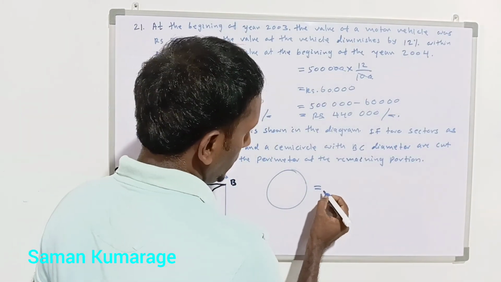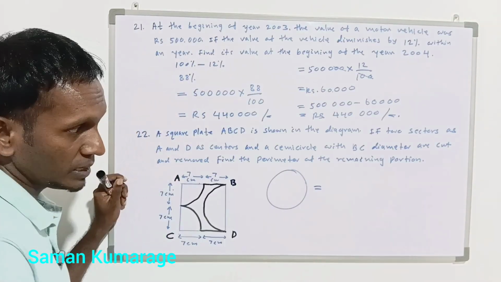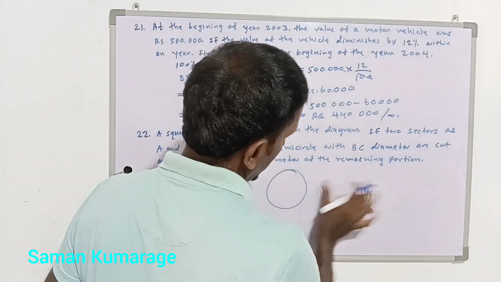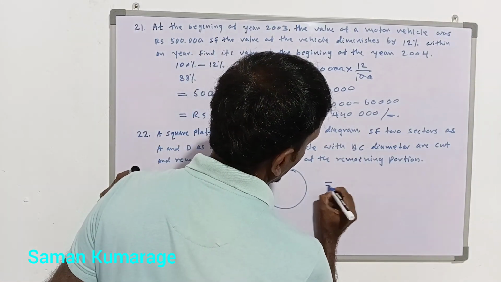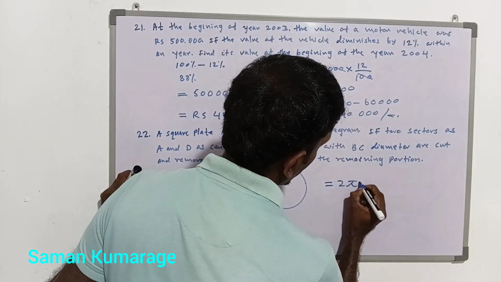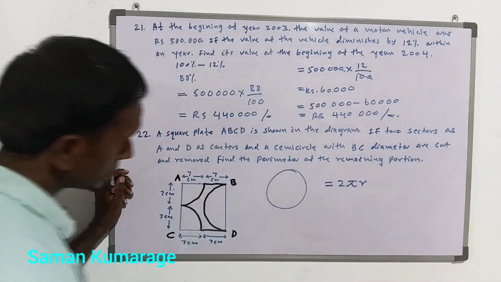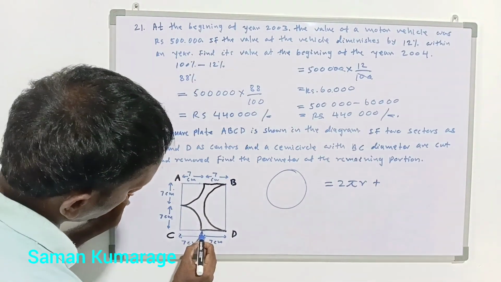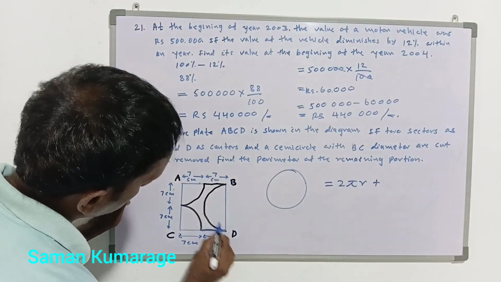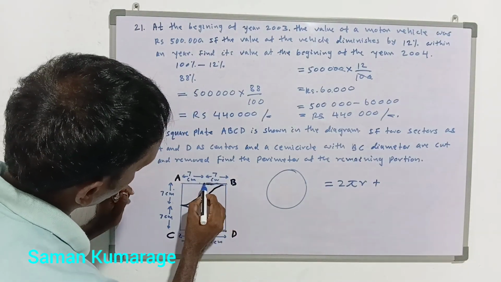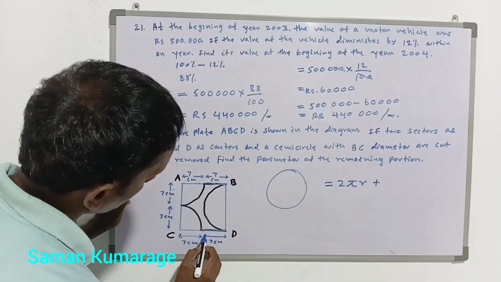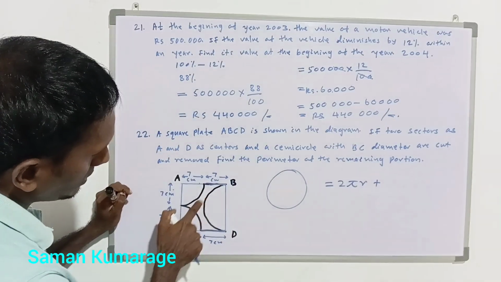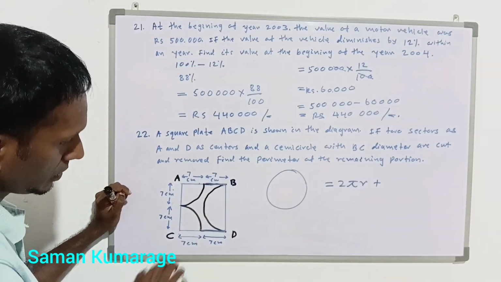The perimeter of a circle is called the circumference. For the circumference we can use 2 pi r plus these two sides, which are also included in this remaining portion.